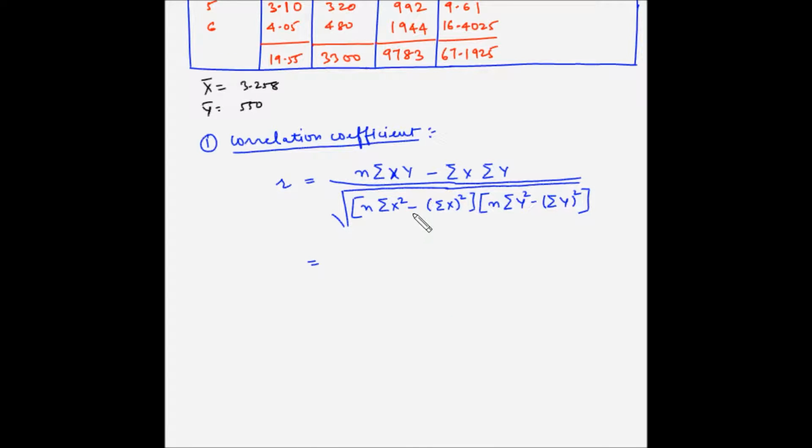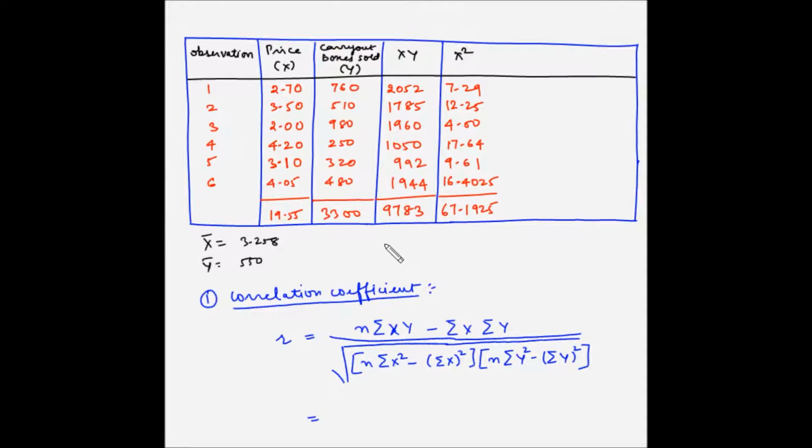Now the advantage in this formula is that we don't have to do a lot of calculation. We can find out most of the values from this data that we have already calculated, except the sigma y square, which we can calculate right now.